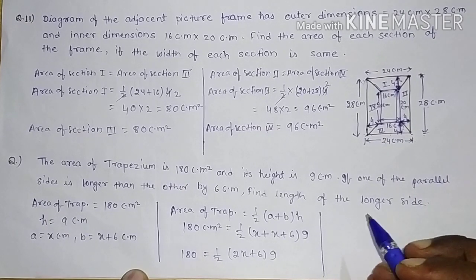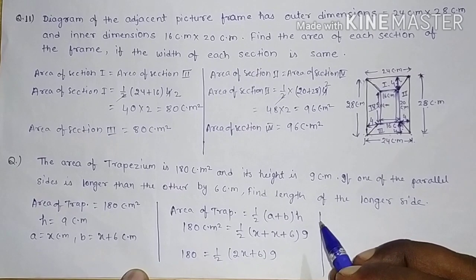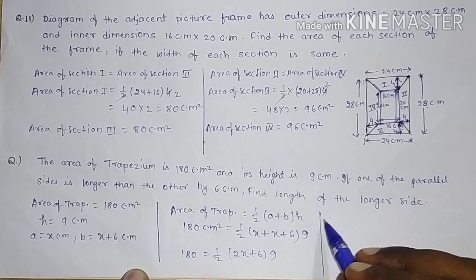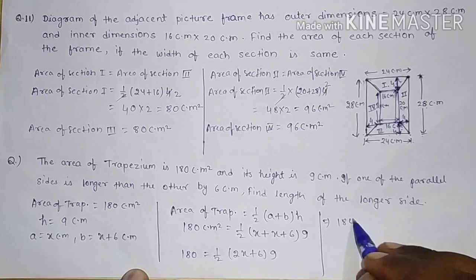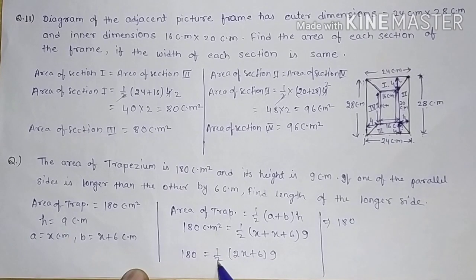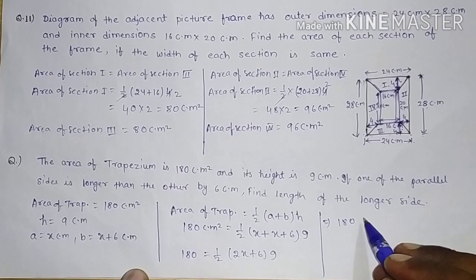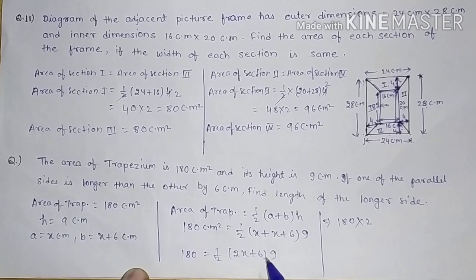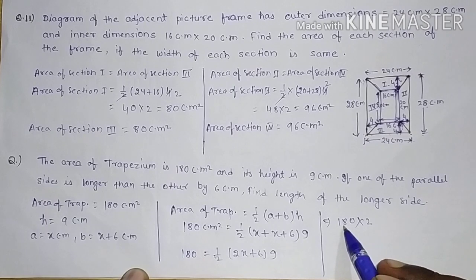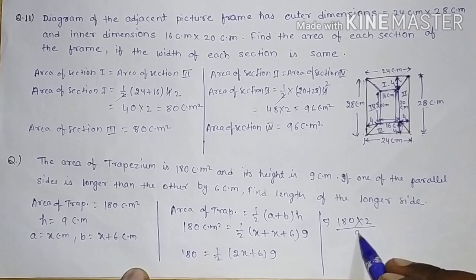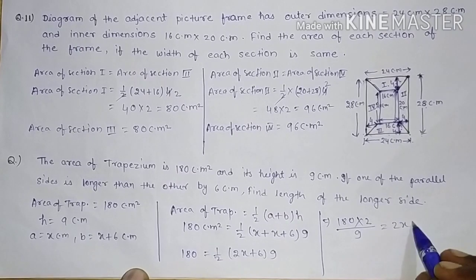Now just simplify it. The 2 is divided into 180 and 9 is multiplied, so 180 into 2 divided by 9 equals 2x plus 6.